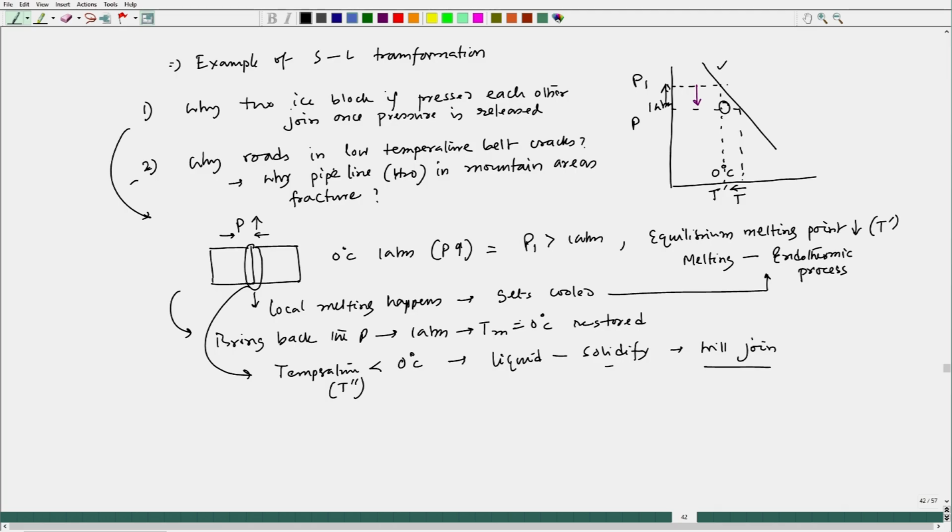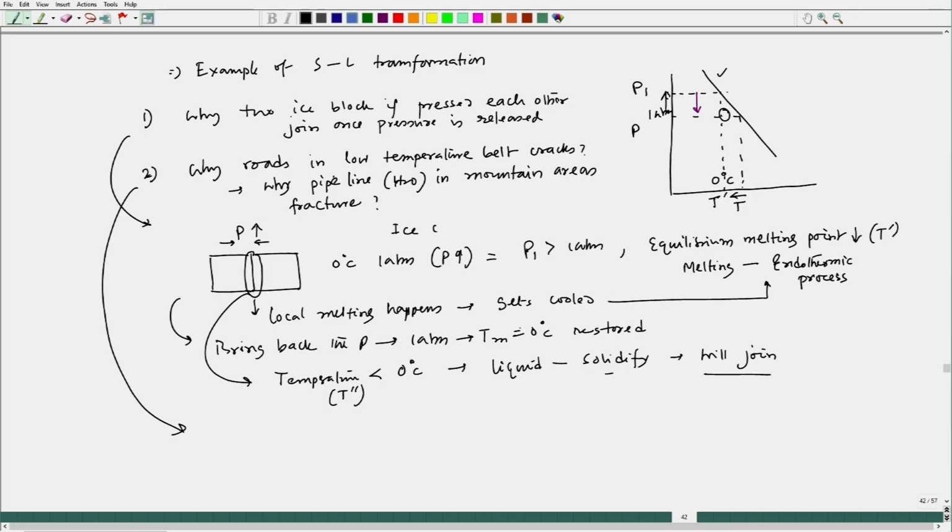Now, let us understand both these effects. This is about ice cube joining. What is the advantage of it? When we make ice cream from ice powder, this is exactly what happens. We put the ice powder in a mold and press it hard, and in the meantime we push a small wooden stick into it.